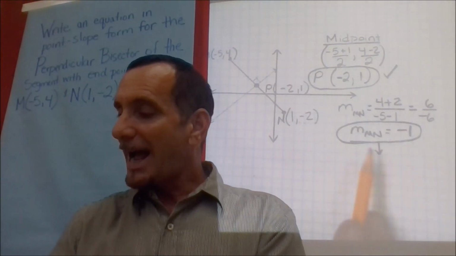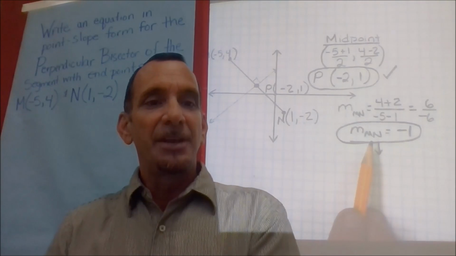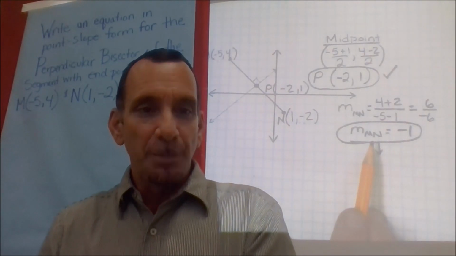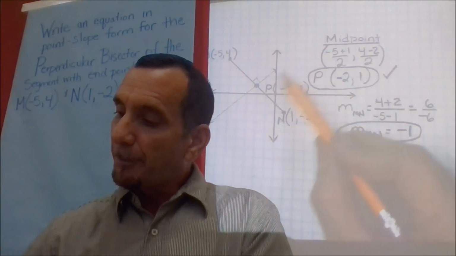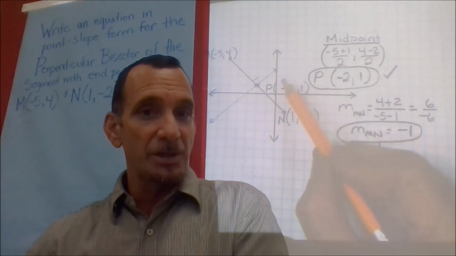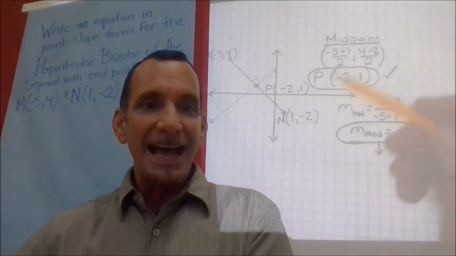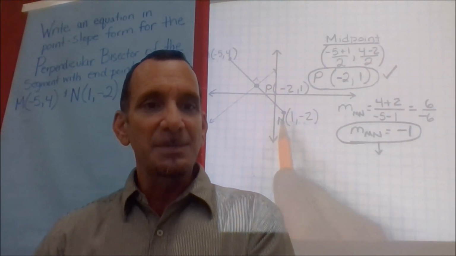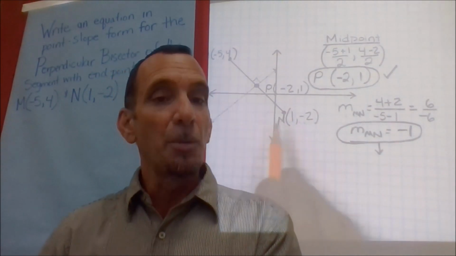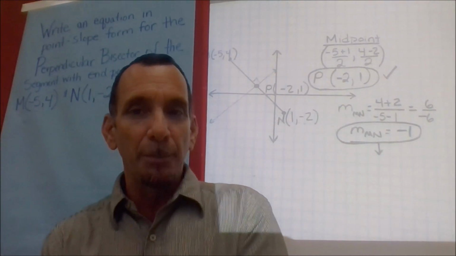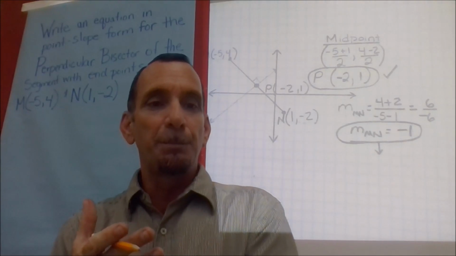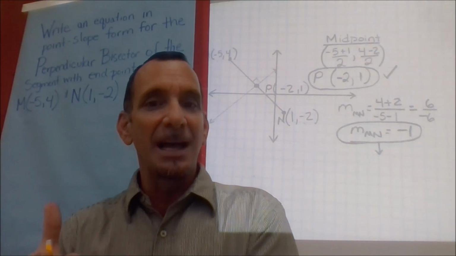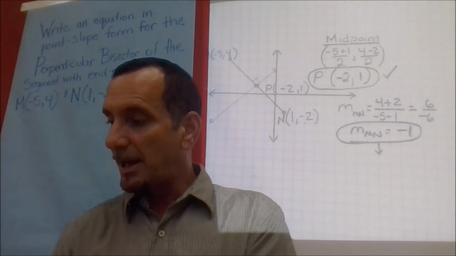Now, I have to find the opposite reciprocal of the slope of MN, because the perpendicular line for which I want to write the equation has to have a slope that is perpendicular to the slope of MN. Do you remember from last semester how to find the slope of a line that is perpendicular to another line?